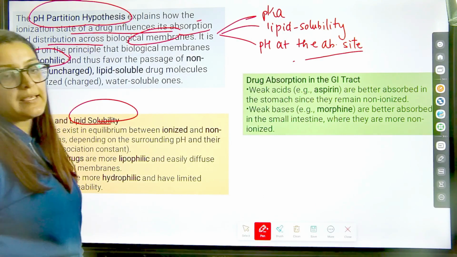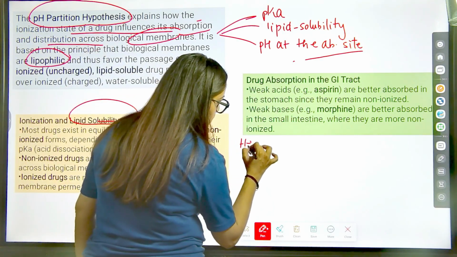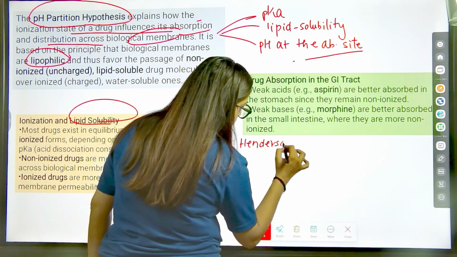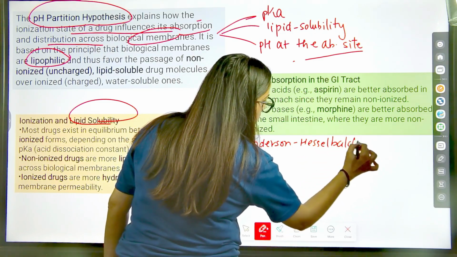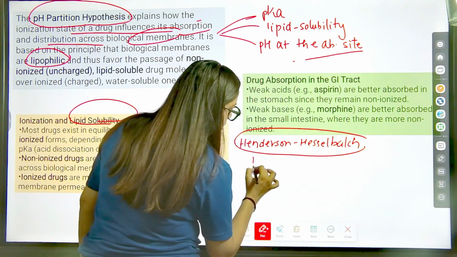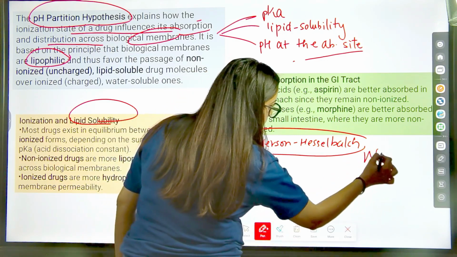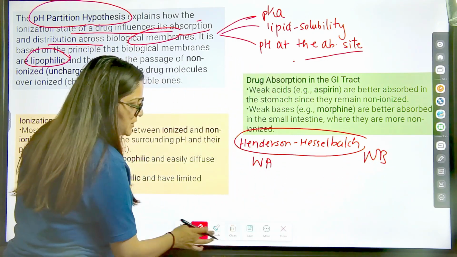We know that the ionization and the lipid solubility are highly discussed, with the Henderson-Hasselbalch equation. I hope this is what you all know. For a weak acid and a weak base, we have different equations, right?